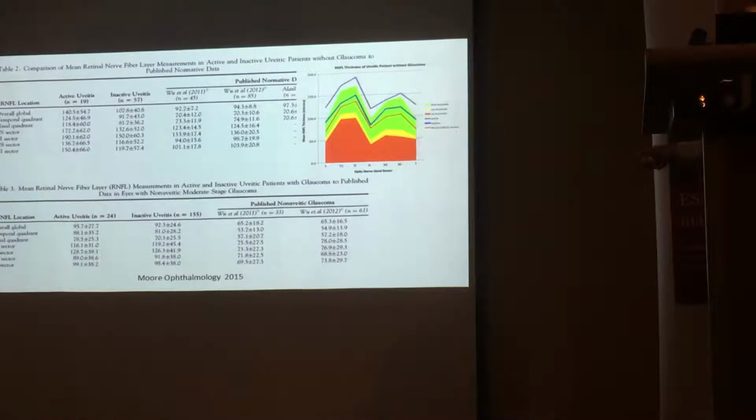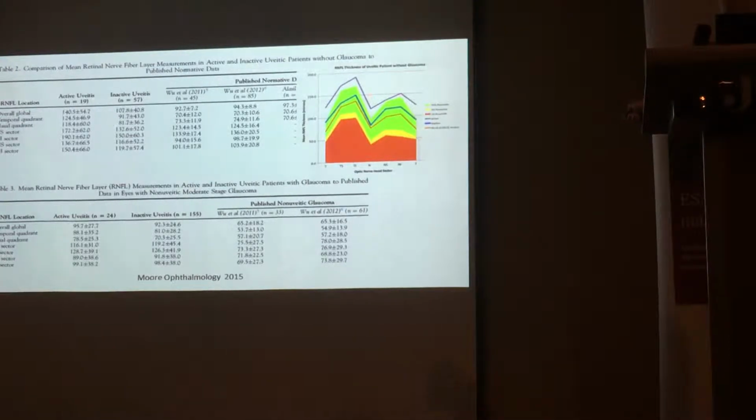And here they're trying to show you this gray line here is active uveitis. The blue line is inactive uveitis, and the orange one is glaucoma not in uveitis patients.